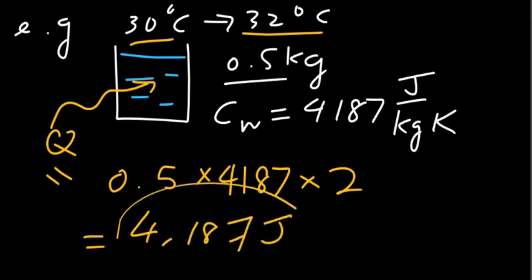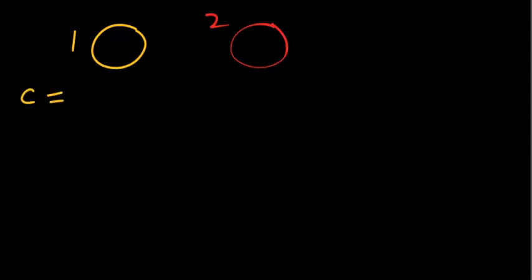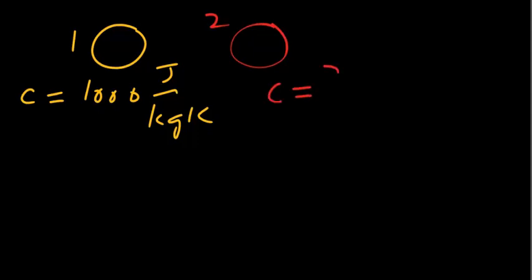That also means if you have a couple of objects, object 1 and object 2, with two different specific heat capacities. The first one, the specific heat capacity, is let's say 1,000 joules per kg per Kelvin. For the second, the red object, its specific heat capacity is let's say 2,000 joules per kg per Kelvin.